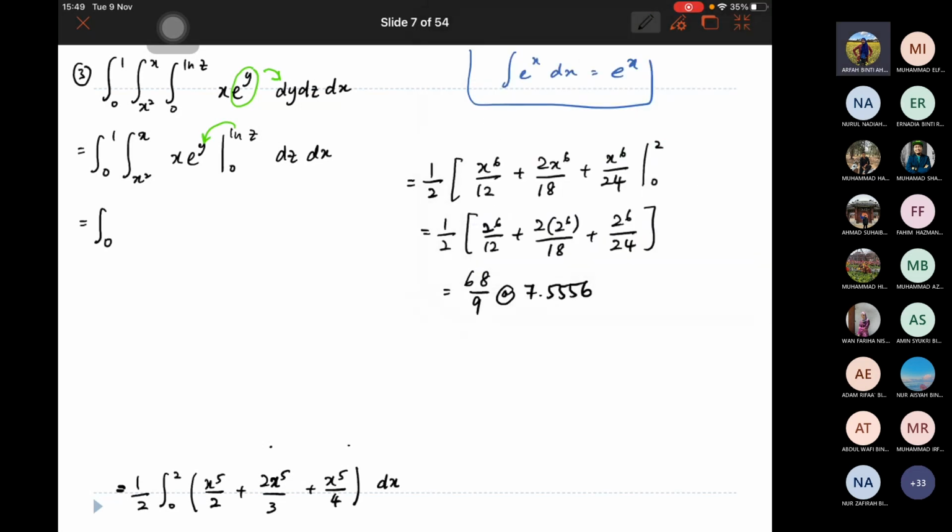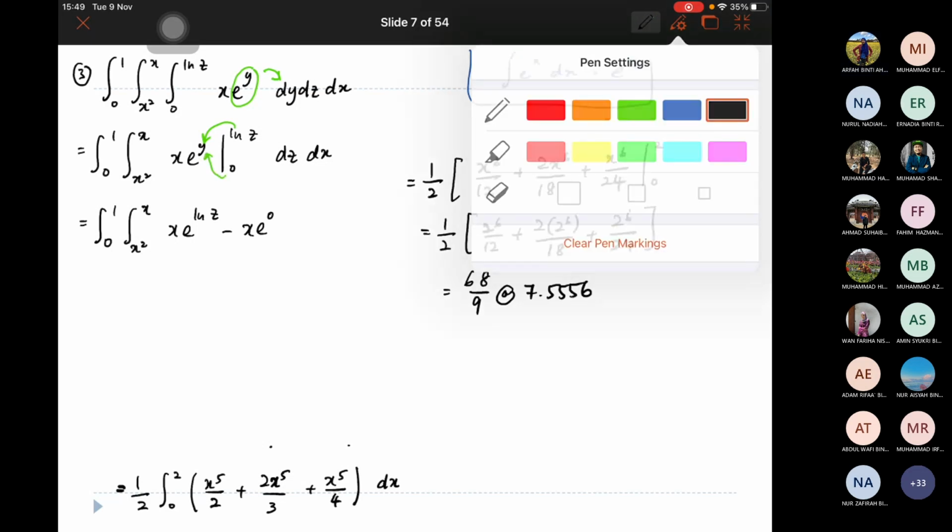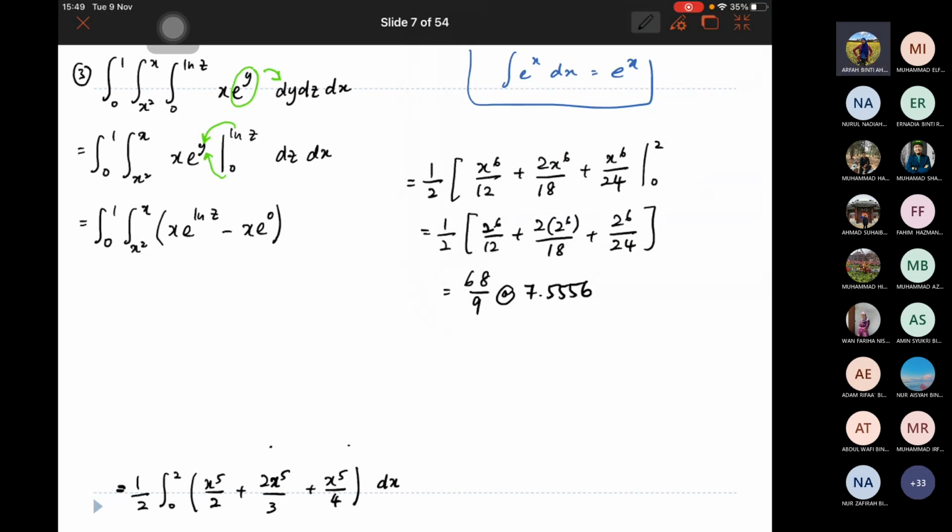Substitute y in here dekat dalam this one. So akan dapat 0 up until 1, x squared sampai x, x exponential of ln z, okay, dan tolak juga x exponential of kosong. This one is kosong here. dz dx. Okay.